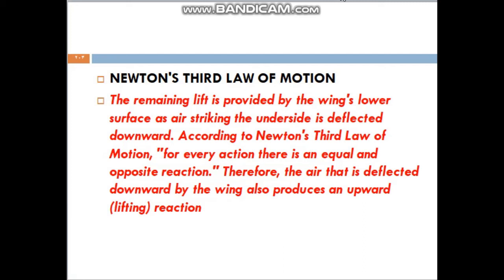According to Newton's third law of motion, for every action there is an equal and opposite reaction. Therefore, the air that is deflected downward by the wing also produces an upward lifting reaction that assists the aircraft to lift, and this will be 25% of the lift.